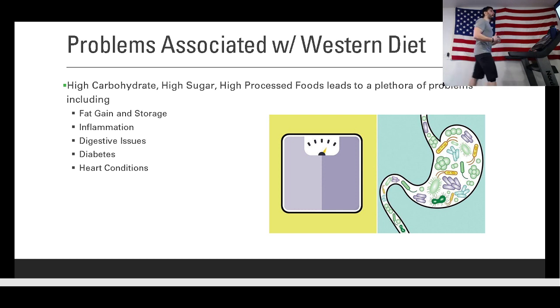High carbohydrate, high sugar, if you combine that with low physical activity, which most of us are doing. Keep in mind, just because you go to the gym 1-2 hours a day doesn't mean you're a super active person. If you're just sitting on your butt the rest of the time, your overall activity level is not high. Moderate at best.